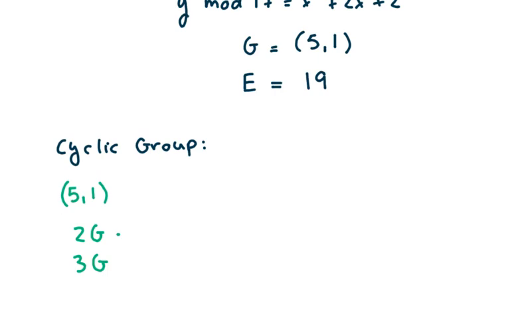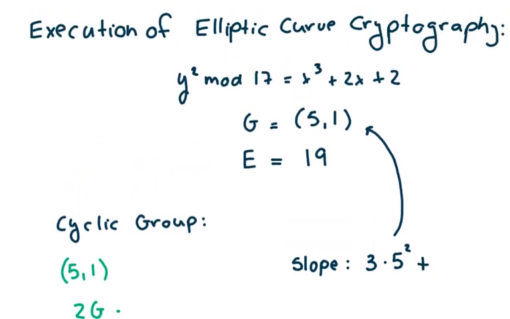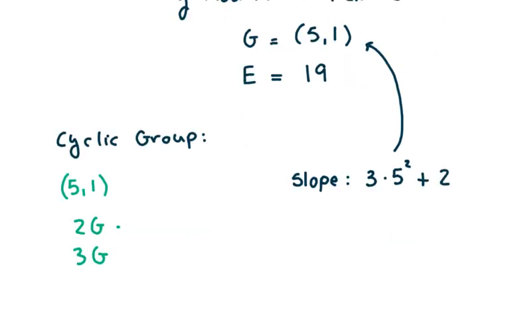So to compute the slope, this would be 3 times the x-coordinate of point x, which in this case is 5, as you can see from up here, that squared, plus a, which up here, a is 2, so plus 2, and that whole thing mod p.